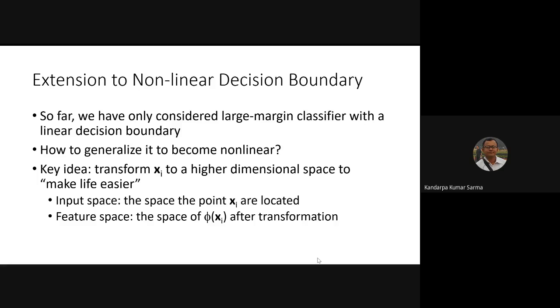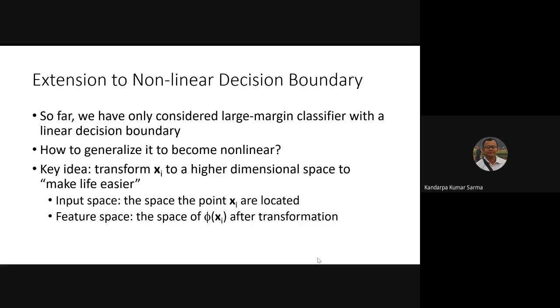Then sometimes we need to extend the decision boundary to the nonlinear region also, so that we can deal with large margin classifiers and large class problems. So in that case, how do we generalize it to become non-linear?